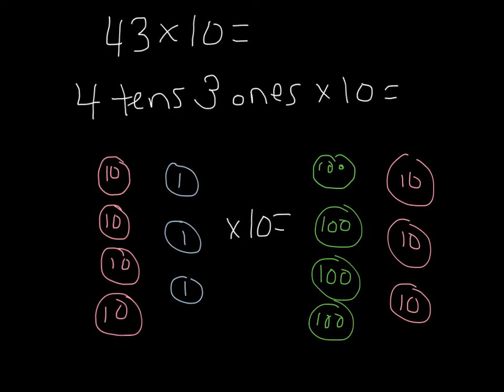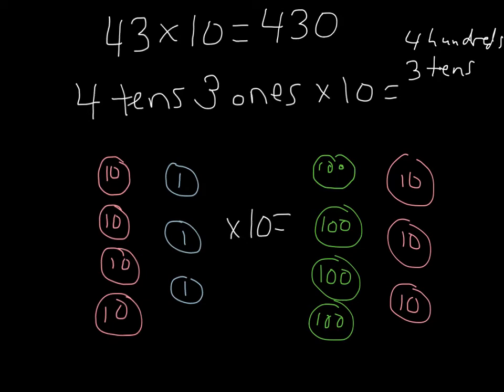I could go ahead and write that in words up here. 4 tens and 3 ones times 10 is the same thing as 4 hundreds and then 3 tens. In other words, whenever I multiply times 10, my digits stay the same, but they change a place value. And so you should recognize that 4 hundreds and 3 tens is 430. 43 times 10 is 430.